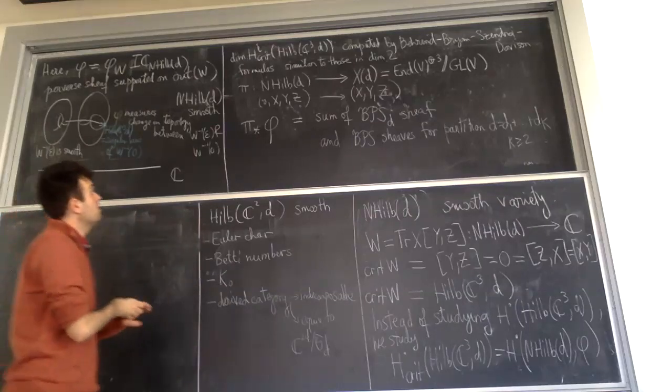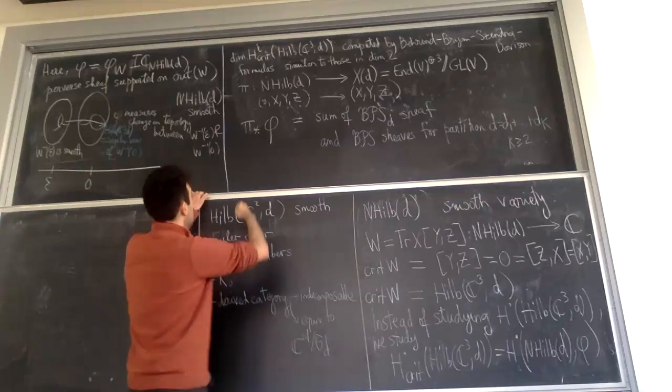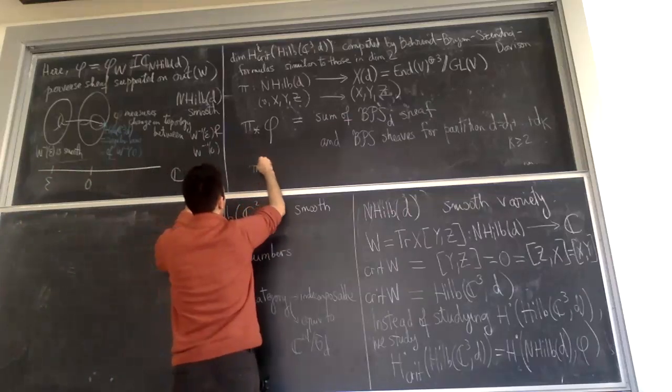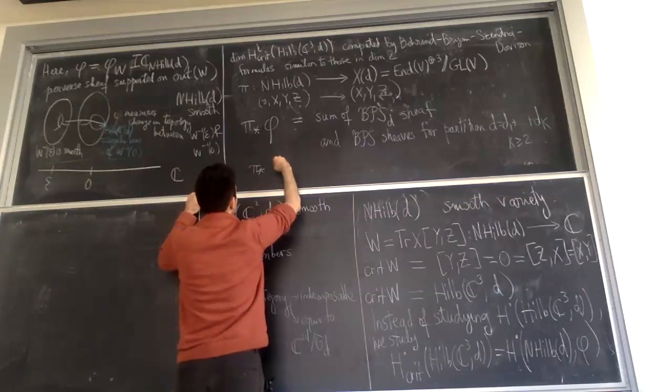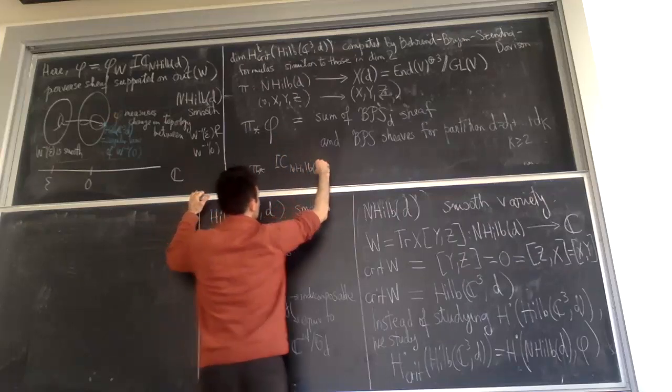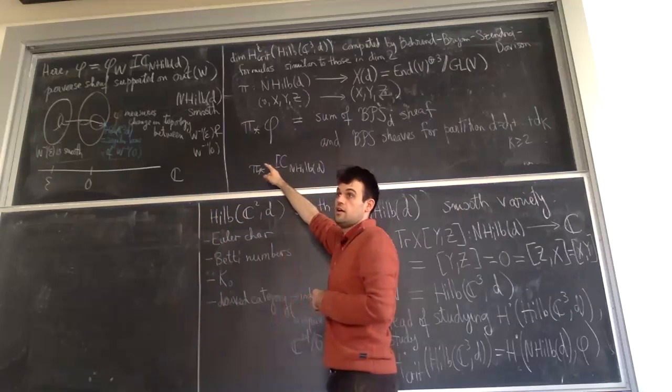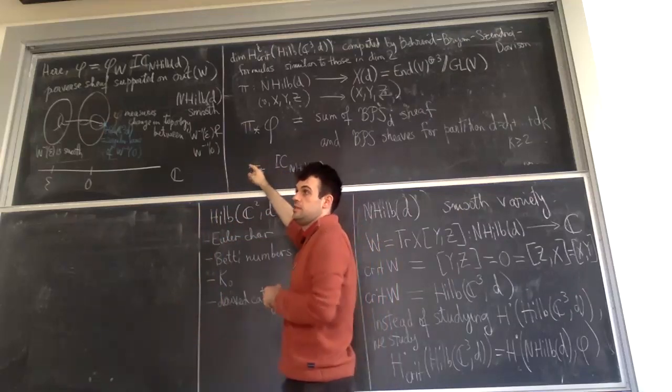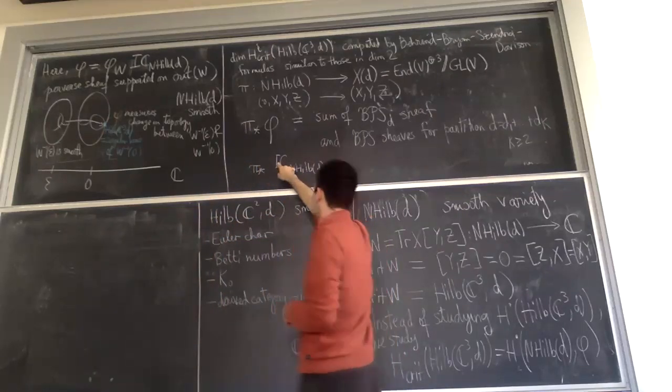So the way one studies this is one first considers the push forward of the constant sheaf or the IC sheaf of N hilb D. Then the decomposition theorem, BBDG, holds for this particular sheaf.